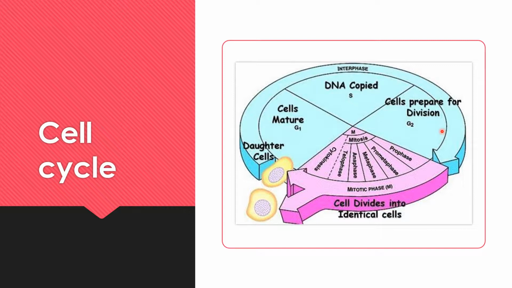So in the diagram, the outer strip shows the two main phases of the cell cycle process. We have the interphase and the mitotic phase.